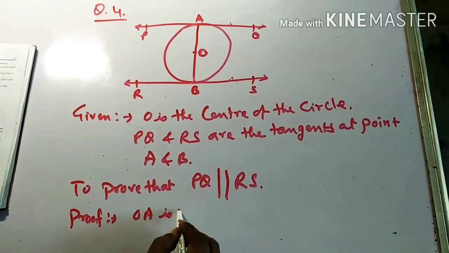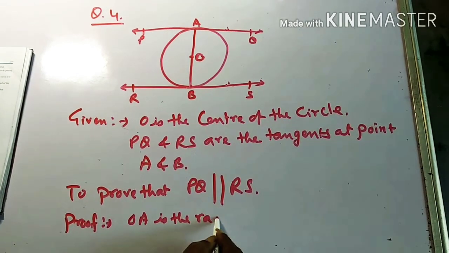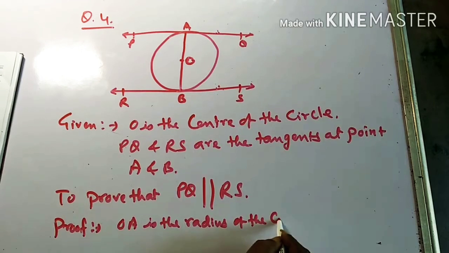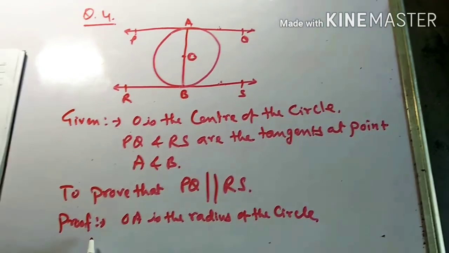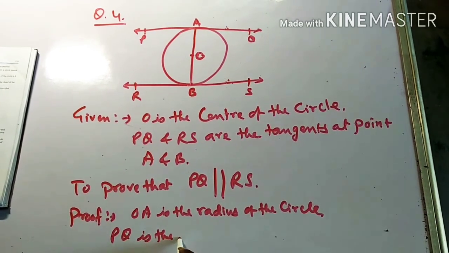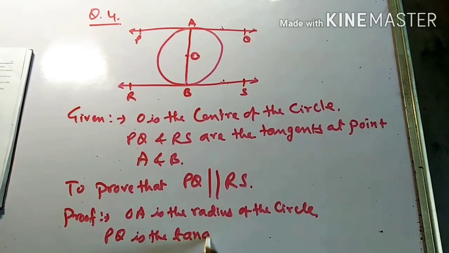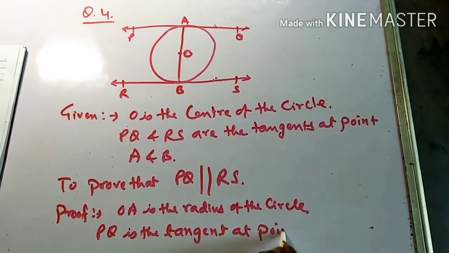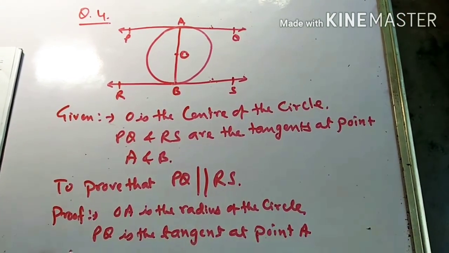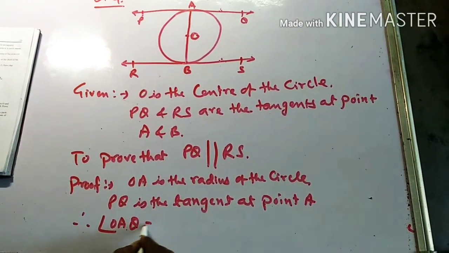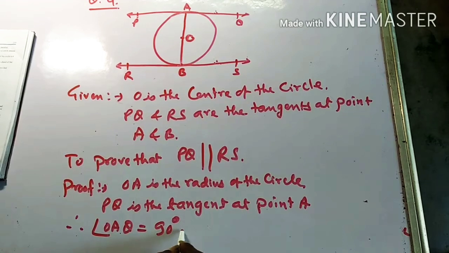OA is the radius of the circle and PQ is the tangent at point A. So angle OAQ is equal to 90 degree.